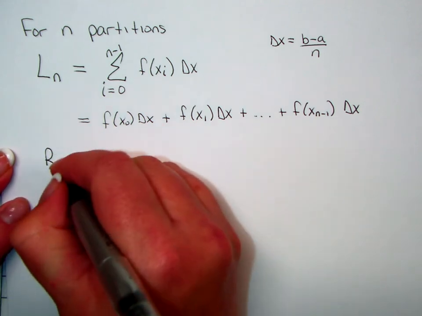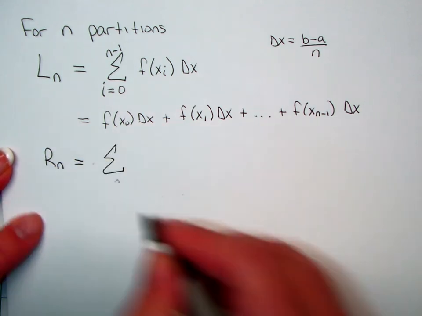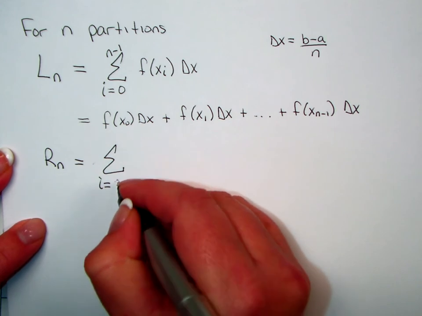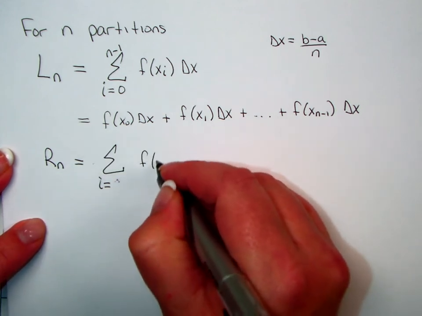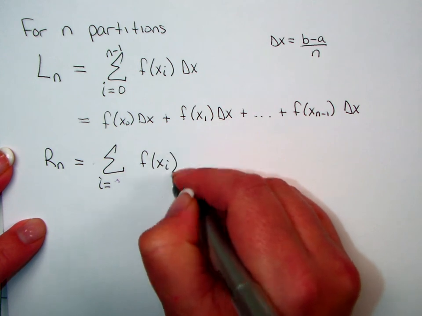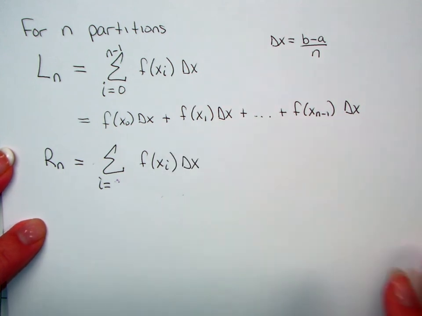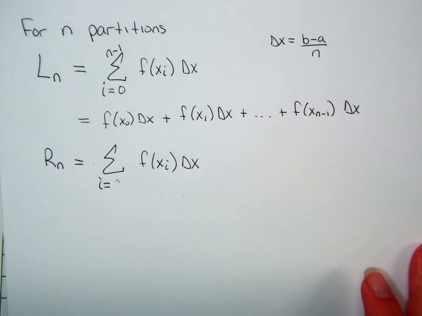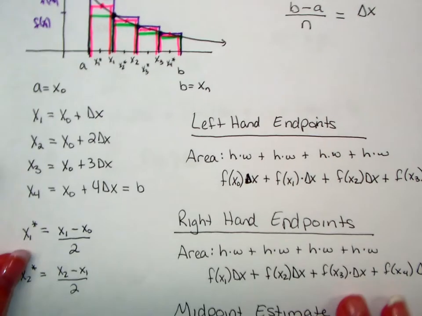Our right-hand n partitions is a sum. We're going to start at some i value. We're going to end at some value, but it's always going to be the height, which is the function value at x of i, times the width, which is still delta x. So remember our right-hand endpoints. Where did our subscripts start at?